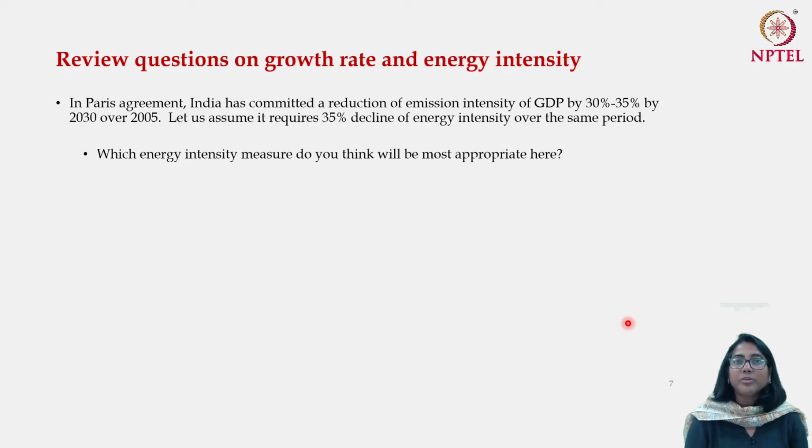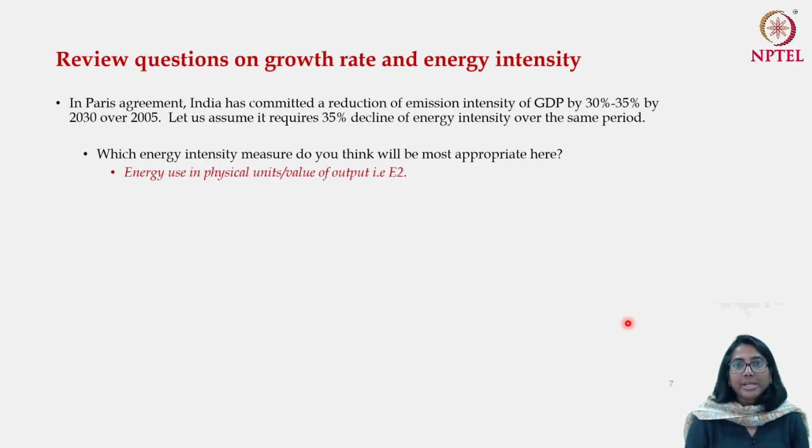And in the case of E3, we used value for both numerator and denominator. One quick comment: the measure E3 for energy intensity becomes unit free because both the numerator and denominator are measured in rupees, or monetary units. So the question is, what is going to be the most appropriate measure here?